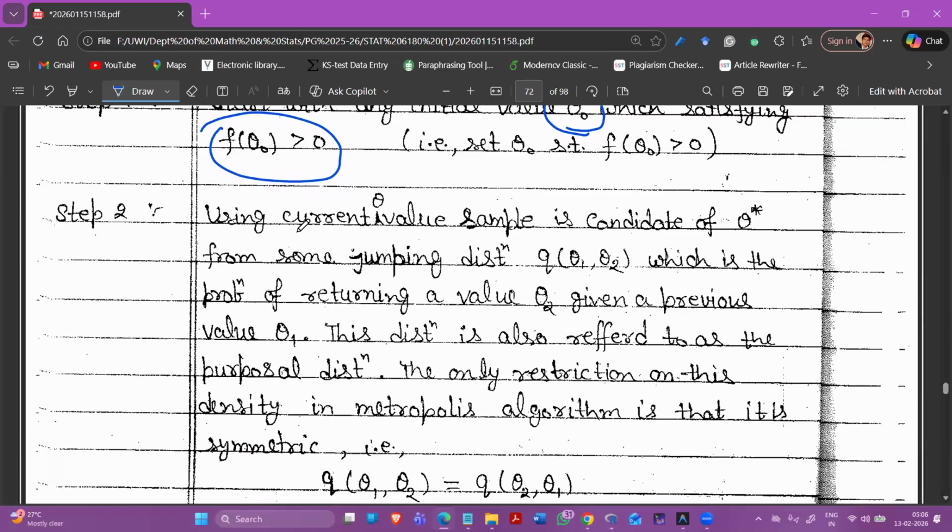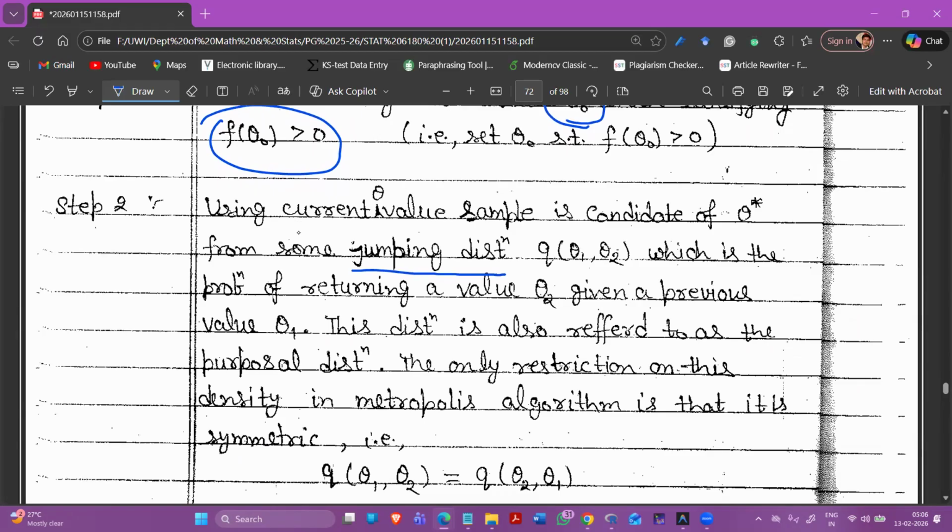After that, using the current value of theta, sample each candidate theta star from some jumping distribution. Just remember the jumping distribution q(theta 1, theta 2), which is the probability of returning the value theta 2 given a previous value theta 1.